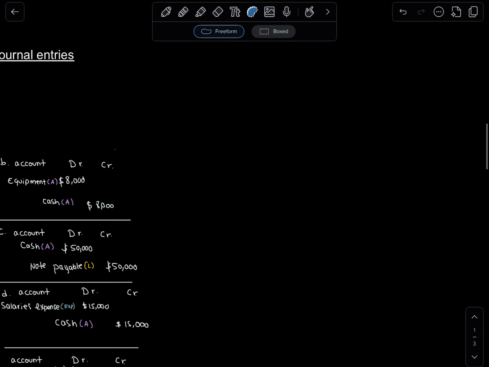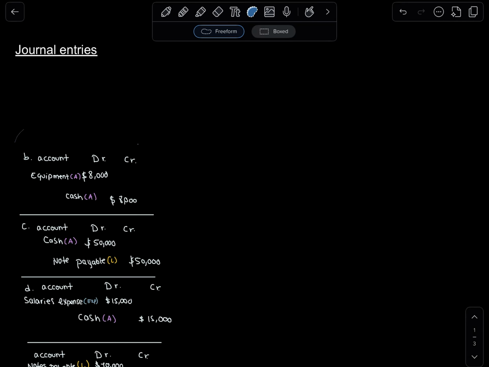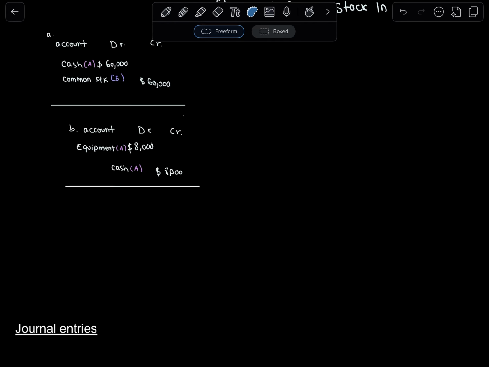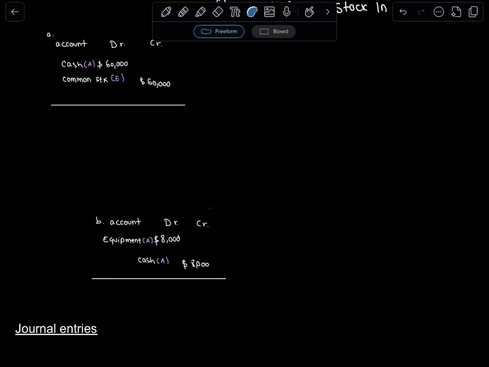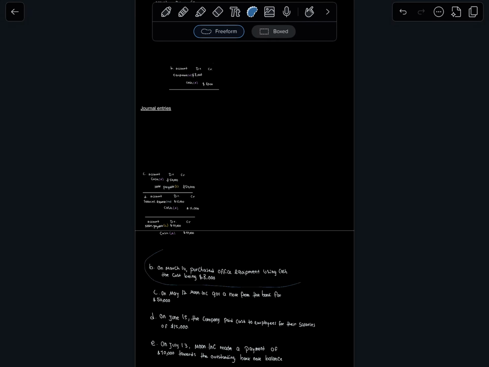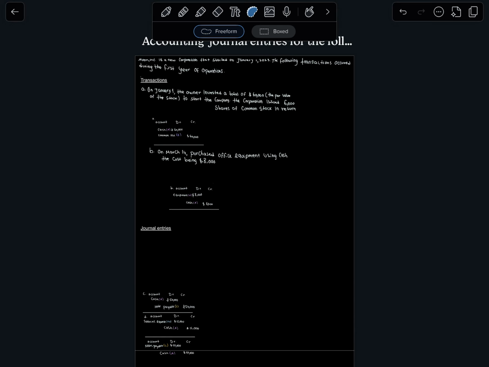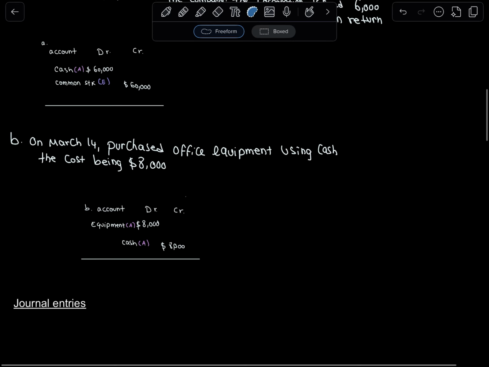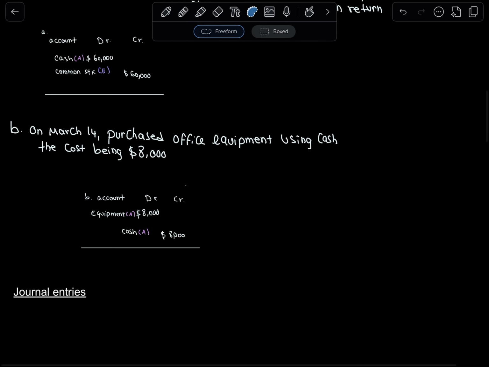Now let's move to the following transaction, transaction B. I'm just going to move this one here so we can remind ourselves what each is. Transaction B, on March 14, the company purchased new equipment using cash, and the cost being $8,000.